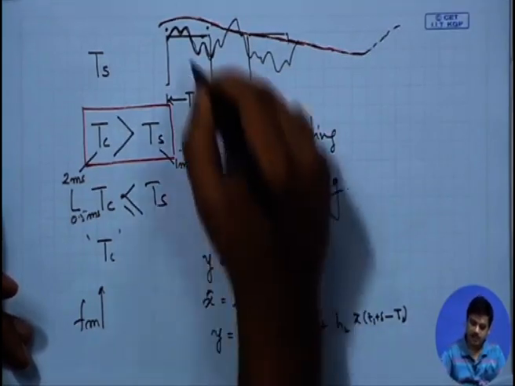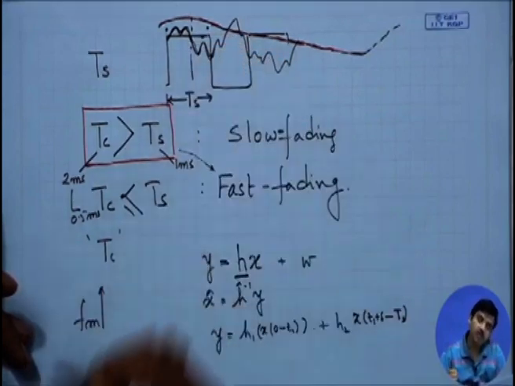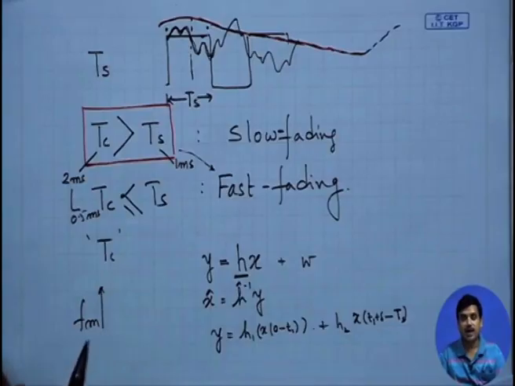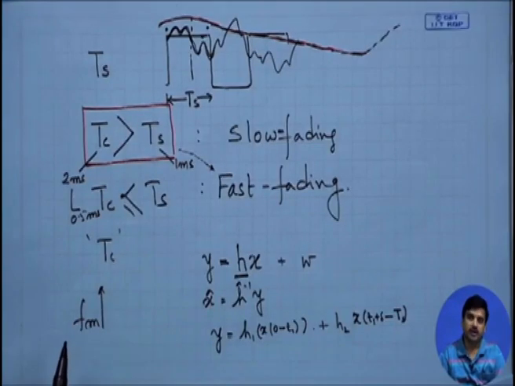In that case, we have to have an advanced equalizer, sometimes known as a fractionally spaced equalizer, which would sample at a higher rate and would try to do fractional equalization or even more complicated procedures.